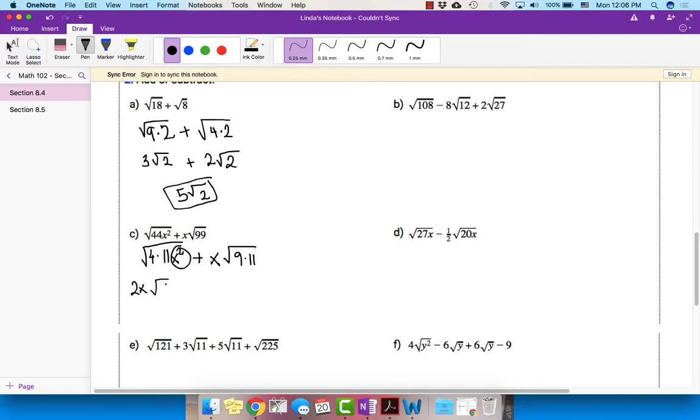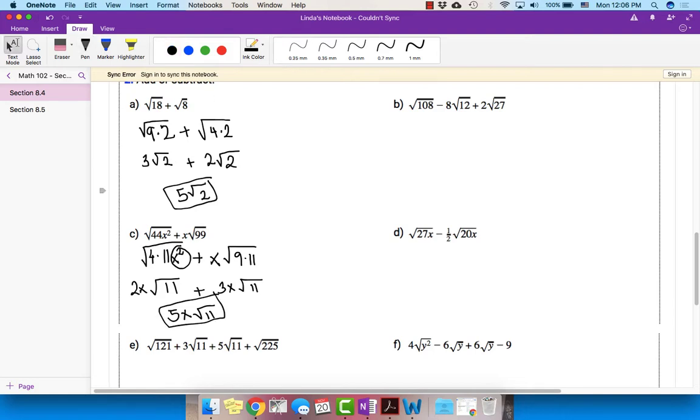And then 11, I will put back inside because you really can't take out anything; that is the square root of 11. For 9, I can take out a 3, and I have the s outside, and I have the square root of 11. So you can see here that I have 2s plus 3s is 5s square root of 11. Okay, so that would be the answer.